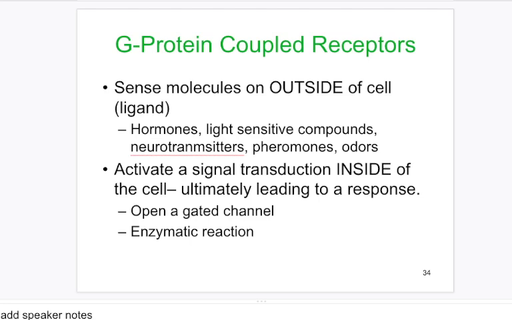So what happens is the outside of the cell is going to start a signal transduction pathway within the intracellular environment that ultimately leads to a response from the target cell. They can either open a gated ion channel or cause an enzymatic reaction due to the G-coupled proteins' transformational changes within the intracellular environment.